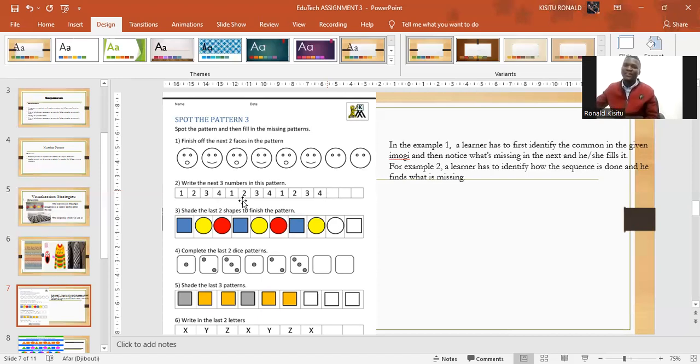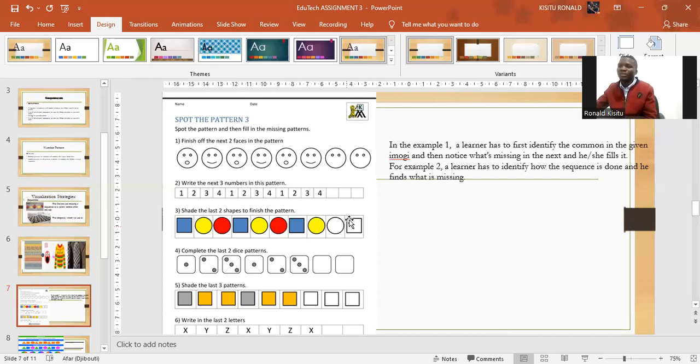For number 3, it's shading the last two shapes to finish the pattern. The first one is a square, the next is a circle, and then a circle. Square, circle, circle. Square, circle, and then square. But again, there are some colors. The squares are blue, the next circle is yellow, and then red.